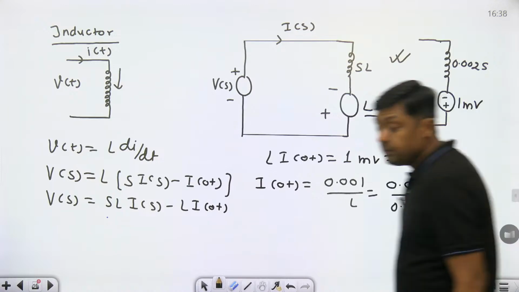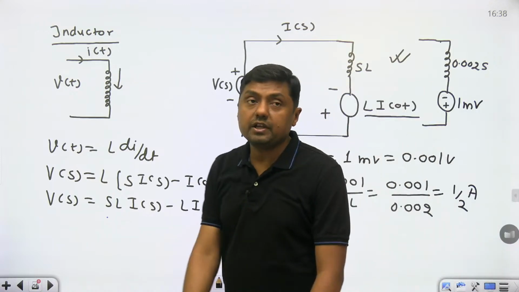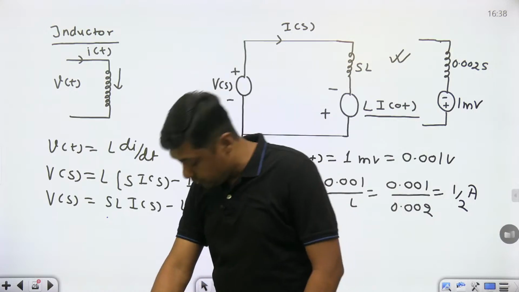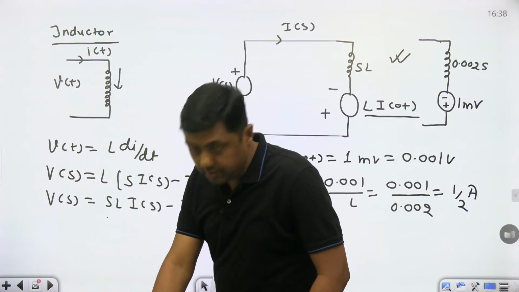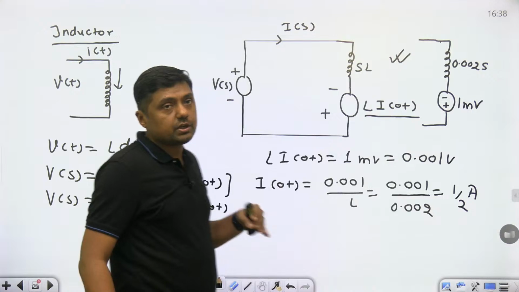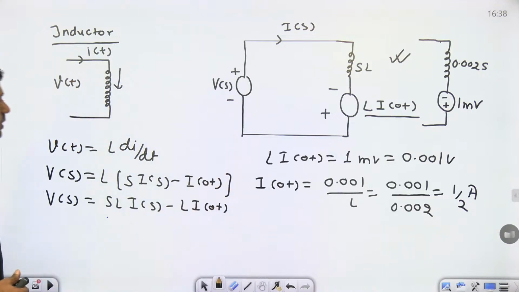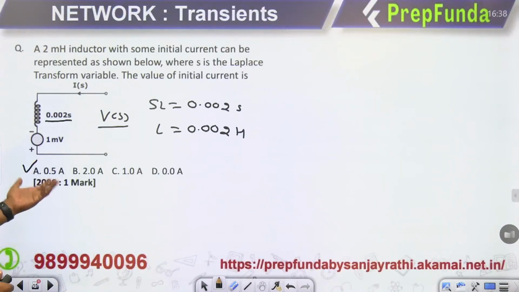These questions come, and many people are not able to qualify GATE because the basic concept is very weak, and that's why I am taking from very basic up to advanced level. So please get command over this type of topics. Already the value of the inductor is given, otherwise you can find the value from this diagram itself. If nothing is given, it is again represented as shown, where S is the Laplace operator, and the value of the initial current is?